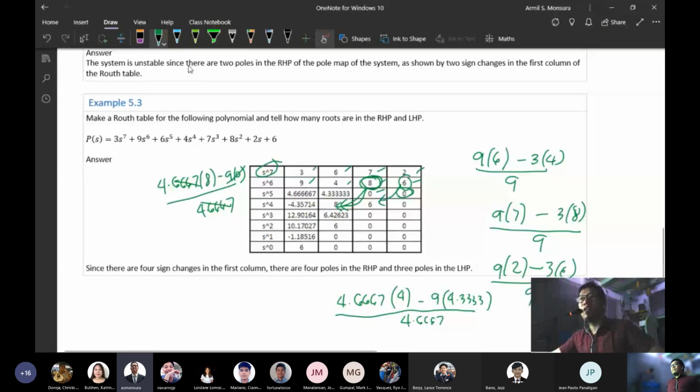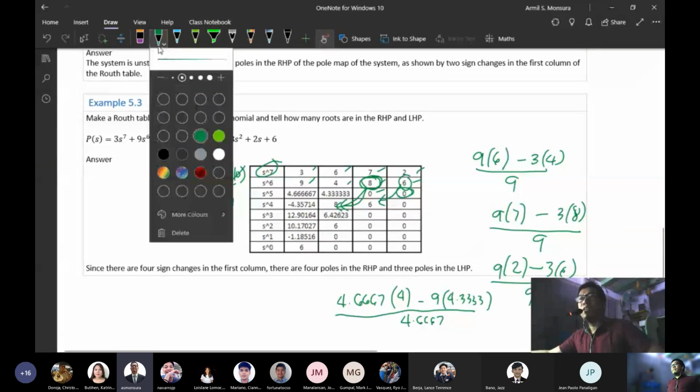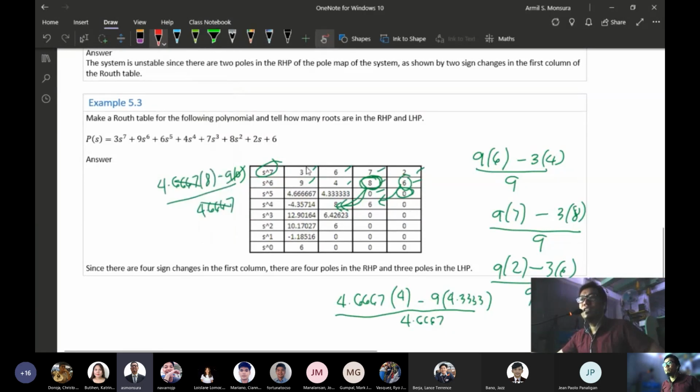Okay. And then from there, let's count the number of sign changes. Okay. So, yung number of sign changes natin ay isa, from positive to negative. So, isa, then dalawa, then tatlo, then apat. So, you have 4 sign changes.